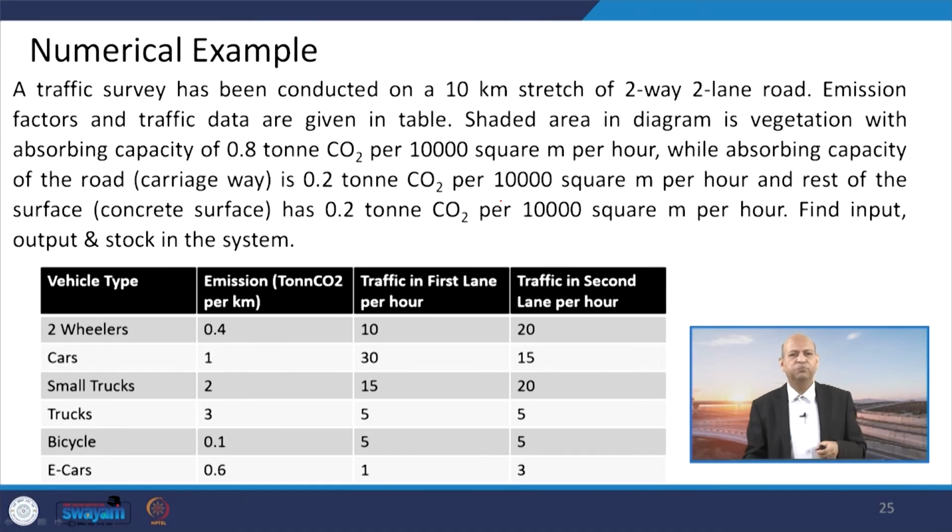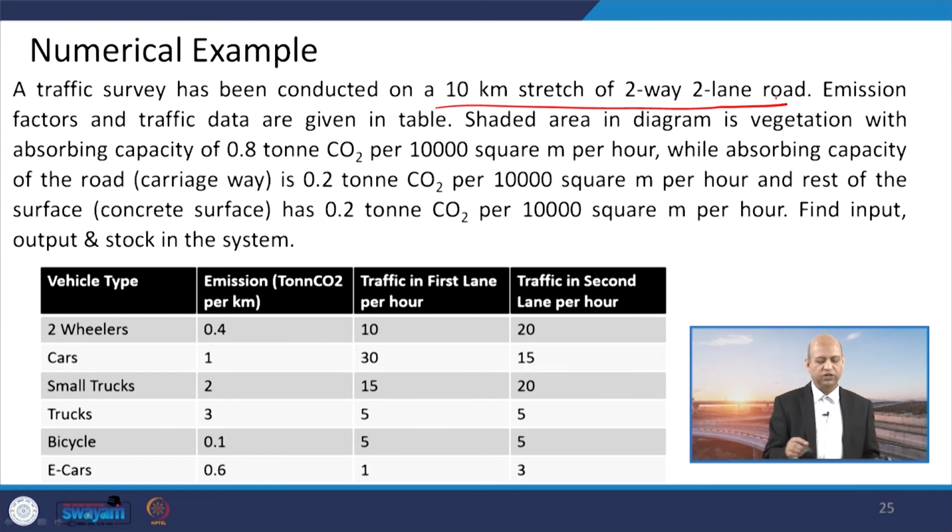One numerical example is given here to explain how MFA is implemented. This is basically related to a 10 kilometer stretch of two-way 2-lane road, right. Vehicle types and their numbers, and emissions from each vehicle, are given. So, we have to find out the input, output and stock of this particular system.